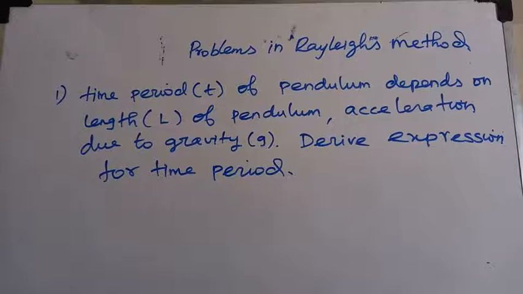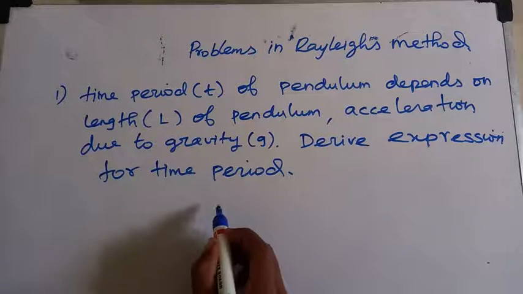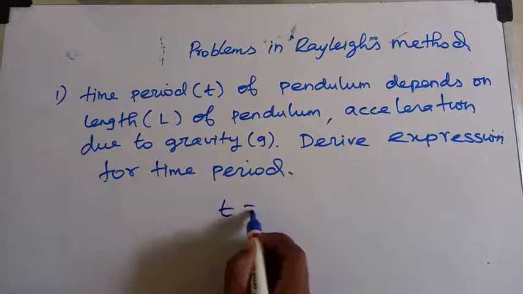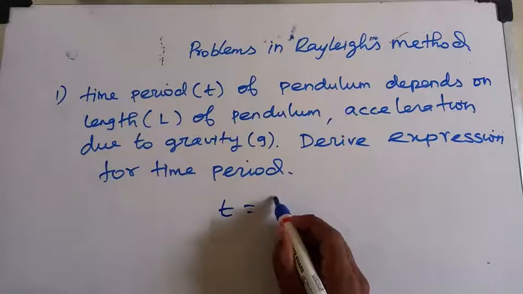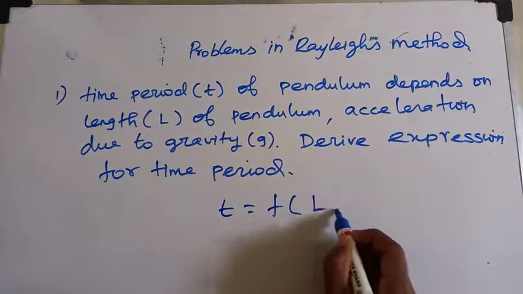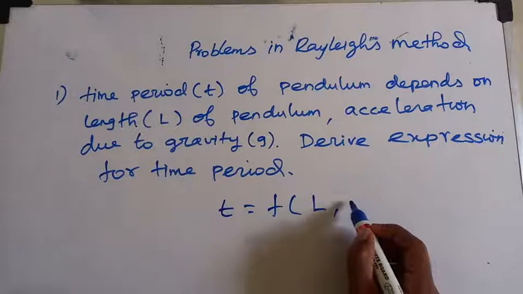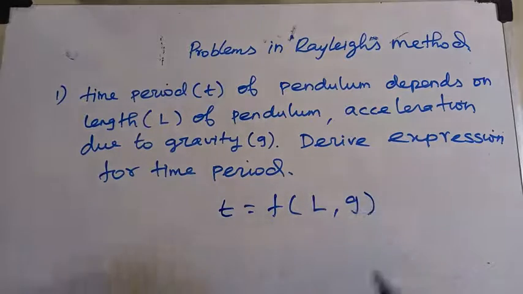In problem 1, time period of pendulum depends on length of the pendulum and acceleration due to gravity g. Then derive expression for time period. Here the given time period is a function of length of the pendulum and acceleration due to gravity.